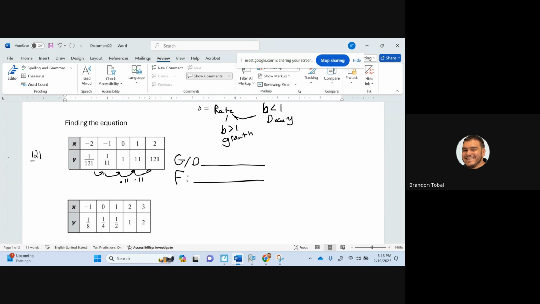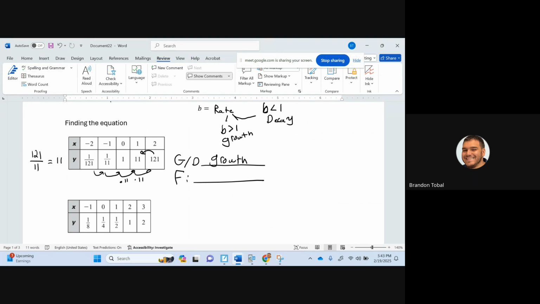So 121 divided by 11. So I'm going backwards. That gives me 11, which means I must have multiplied by 11 each time. That works for any set of numbers. So I could have done 11 divided by 1, or 1 divided by 1 over 11. I would get 11. So since this is bigger than 1, I could say it's a growth. I also could say it's a growth because it's just timesing by 11. It's just getting bigger numbers.